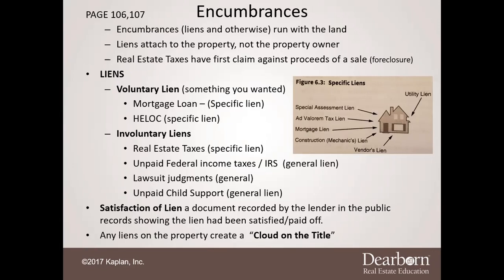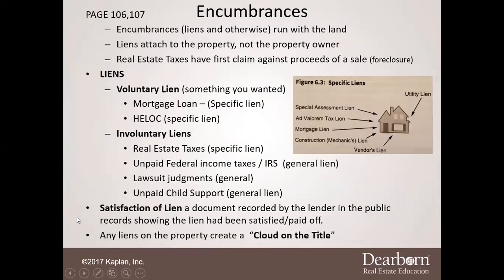That's the way it goes with anything that's added to the public records. Anytime a document's added, it's there forever. You can't get a document removed from the public records. All they'll do is add another document explaining what's going on, that it's been paid off, for example.